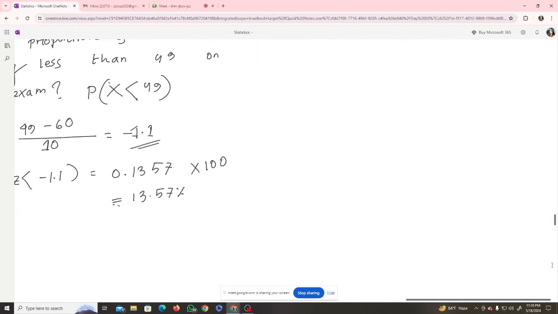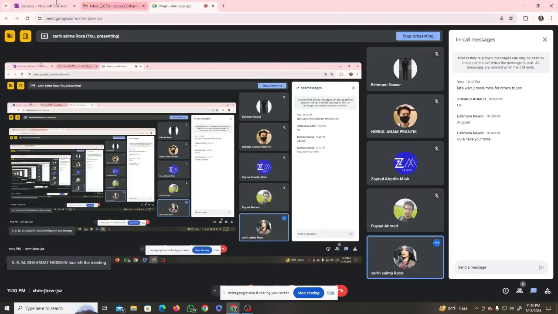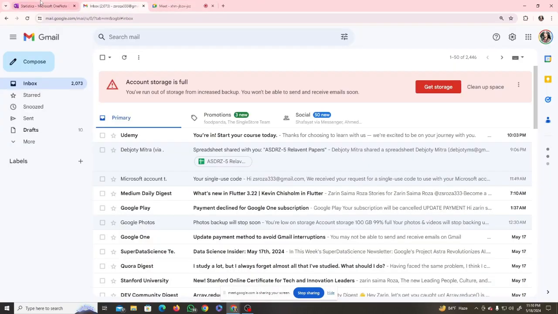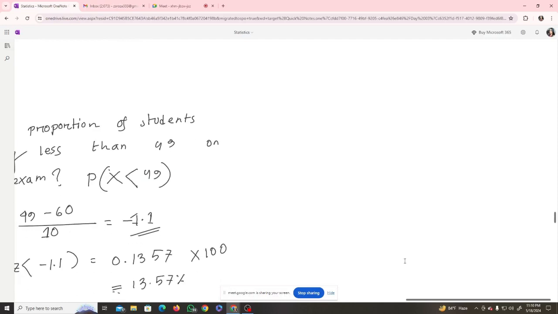Now if we move to another example, suppose you study at XYZ university, and it was found that height was normally distributed with a mean of 5.5 feet and a standard deviation of 0.5 feet.